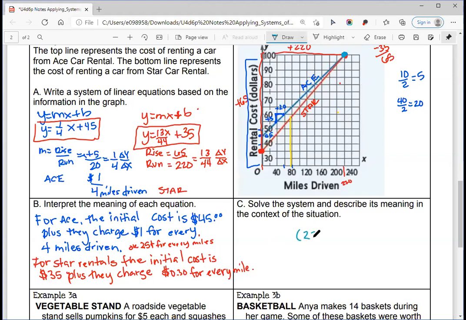220 with a y value at 100. And if I want to know what that's actually referring to, that's 220 miles driven. And this is $100.